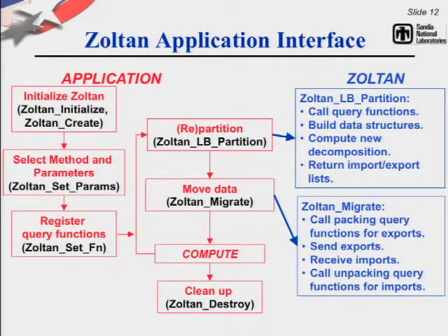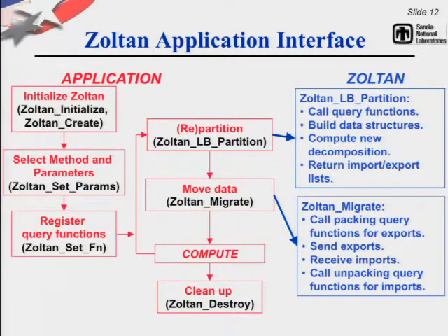So the flow in your application using Zoltan would be this. Your application is here. You would initialize Zoltan, and then select a certain method that you want to use. You would write the query functions, and you need to tell Zoltan that they exist. That's what we call registering the query functions, with this Zoltan set function.